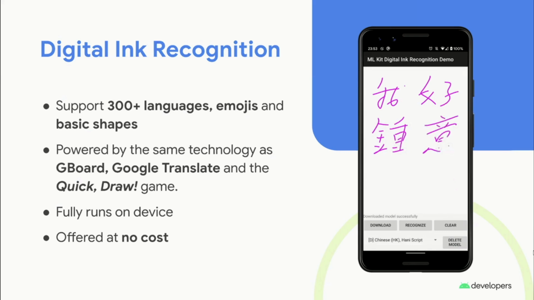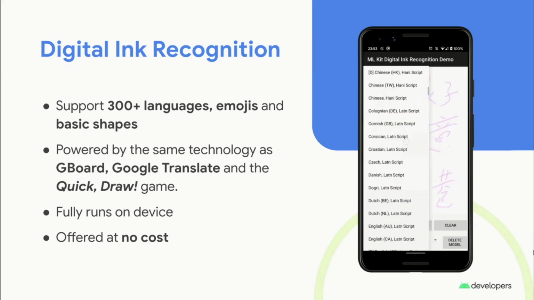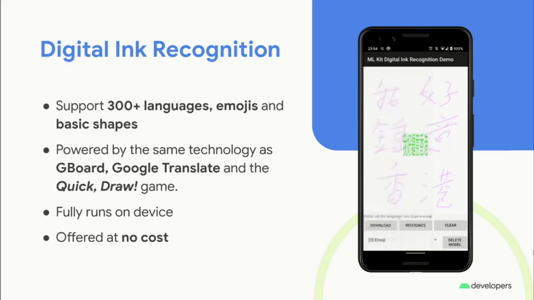But in this case, for example, I'm writing in my native Cantonese, which is traditional Chinese, and it was able to detect the different order of the characters and then put it all together. So this is something that has an advantage over OCR if you're thinking about detecting users' handwriting.